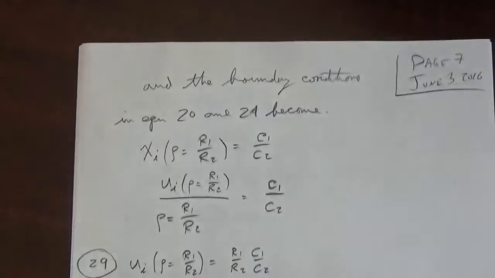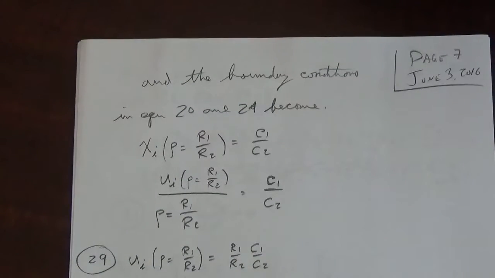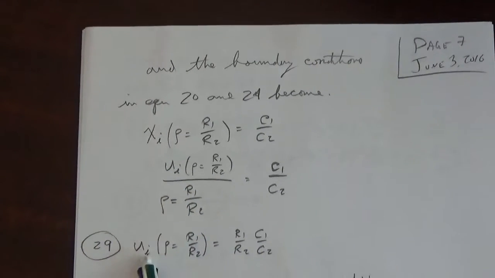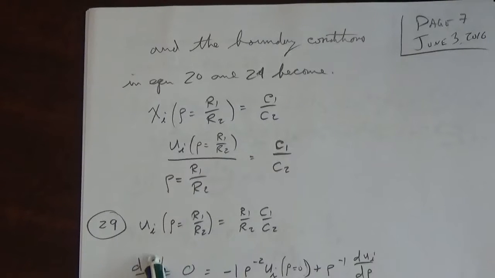And then the boundary conditions, converting from chi to u, will give us this. So u sub I at rho equal to r1 over r2 is equal to r1 over r2 times c1 over c2.